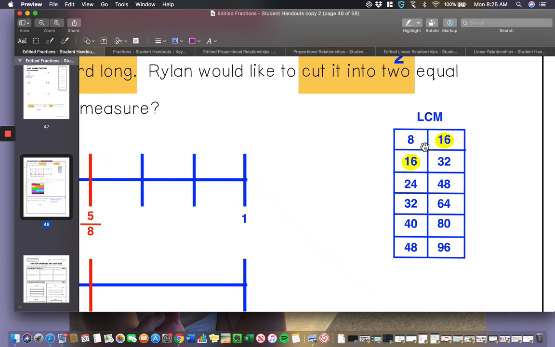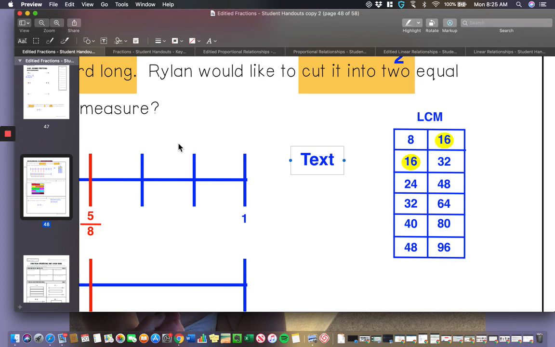Each multiple can be represented by 8 times 1, 8 times 2, 8 times 3, which is 8, 16, 24. Each time you could be multiplying by 1, 2, 3, and 4.